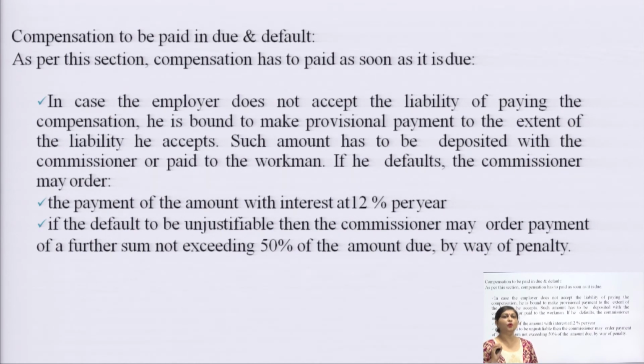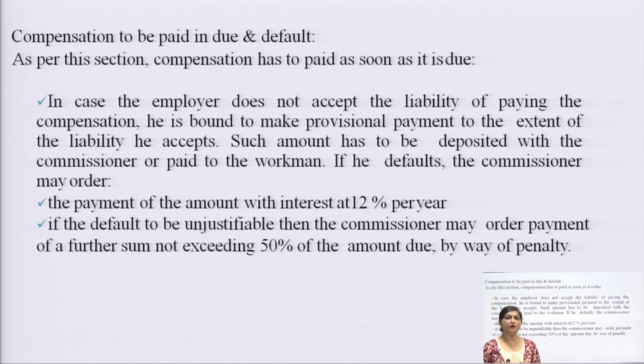The commissioner will go through all the papers, all the issues related to the accident, and will decide afterwards whether the amount should be paid or not. And if he finds that the employer is at fault, then he can order the employer to pay the amount with interest at 12% per year.